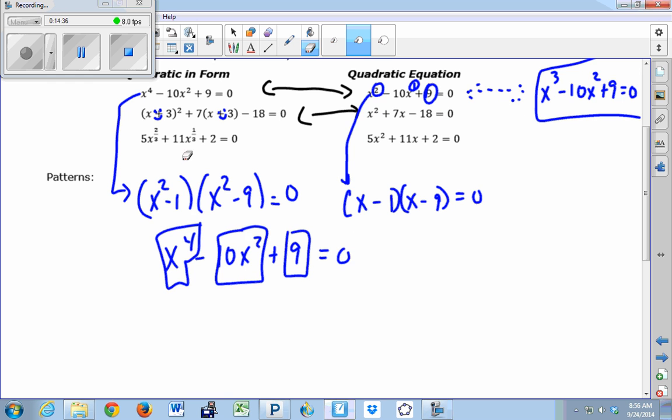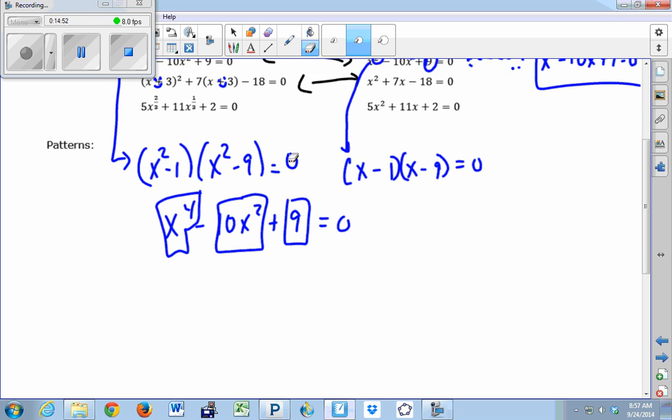So notice once you recognize that, then you can just approach it like you would approach any quadratic. You could factor it. Sometimes it looks a little funky to you because you're not used to seeing things here like 2/3 and 1/3. But let's take a look at this middle one, right? This last one right here.